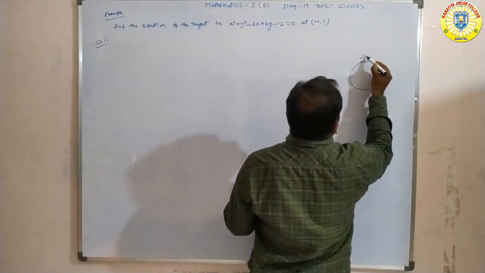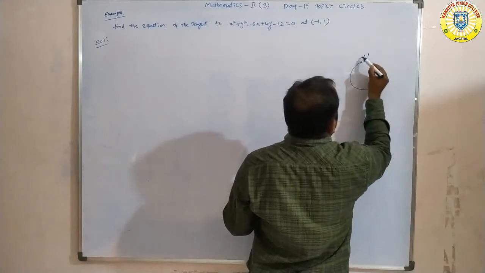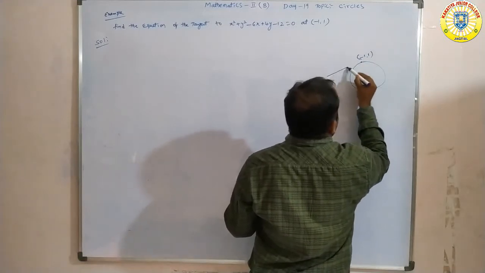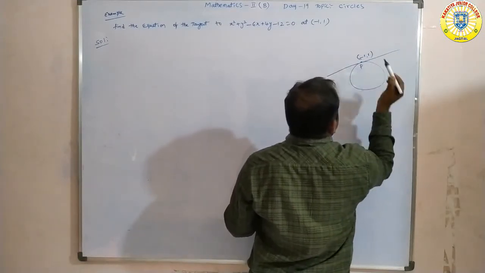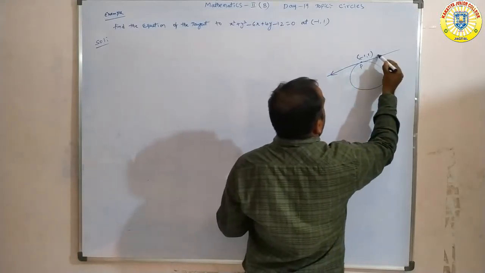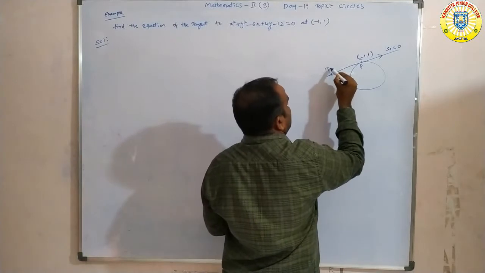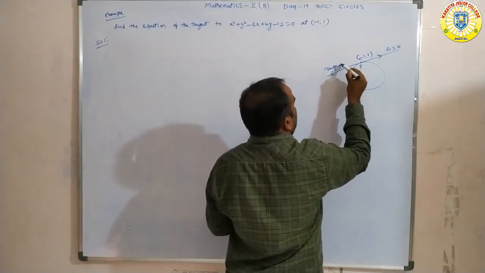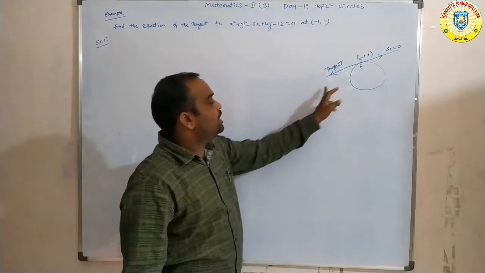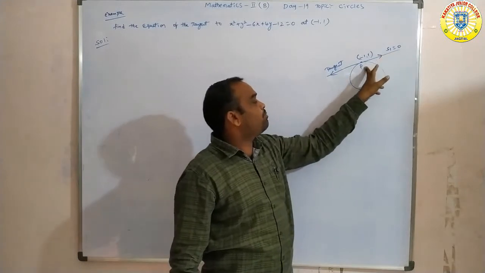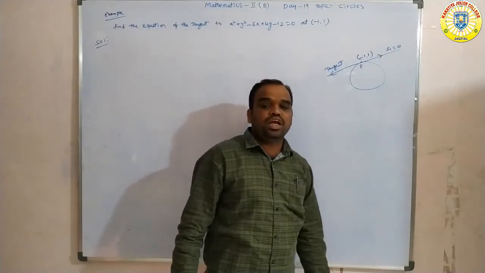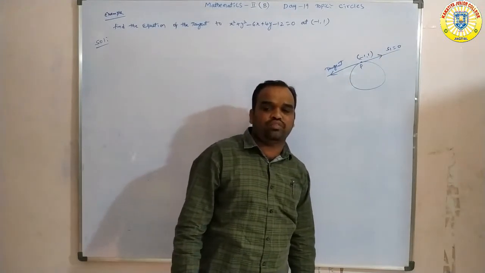What is the point, sir? Minus 1 comma 1. Now we are finding the equation of the tangent at the point minus 1 comma 1. This is nothing but the equation of the tangent S1 is equal to 0. We have the formula.